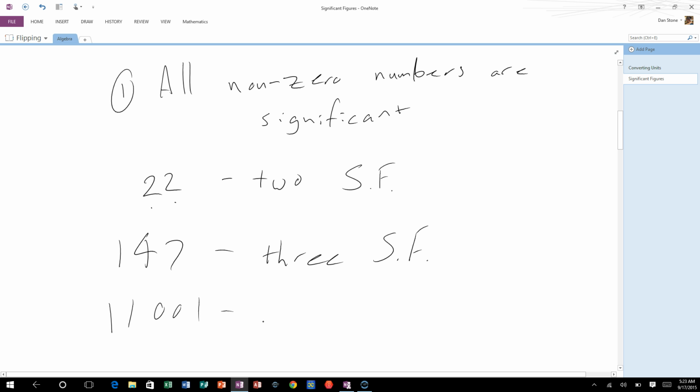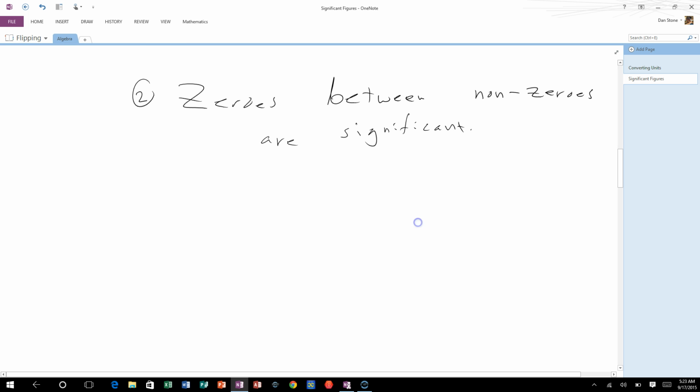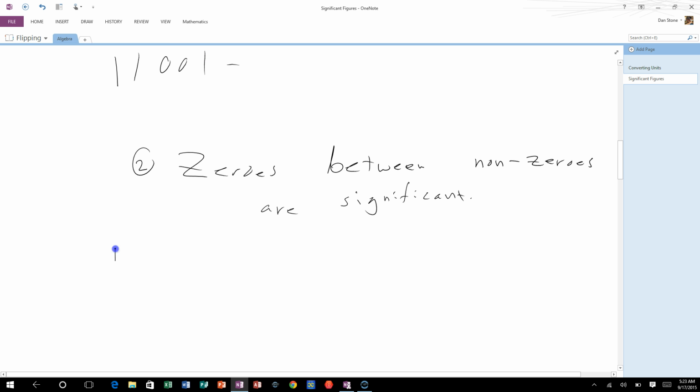Oh, we don't know for sure yet because that leads us into our next rule, which is zeros between non-zeros are significant. So going back up to 11,001, based on our previous rule, we know that the first, second, and fifth digits are significant figures. And our new rule says that these guys are here too. So in this case, 11,001, you have 5 significant figures.